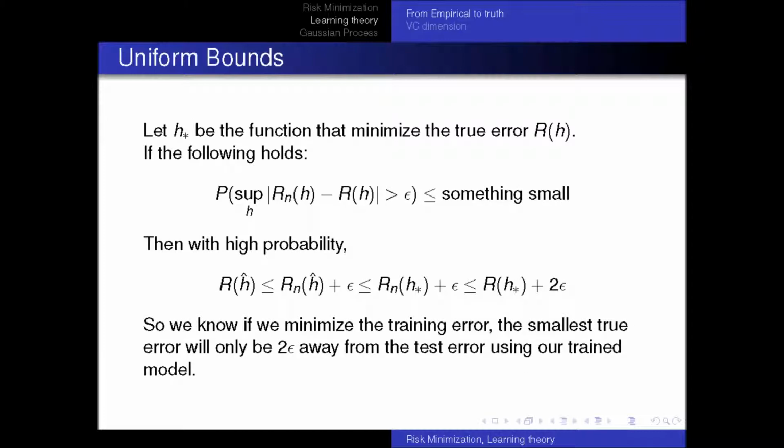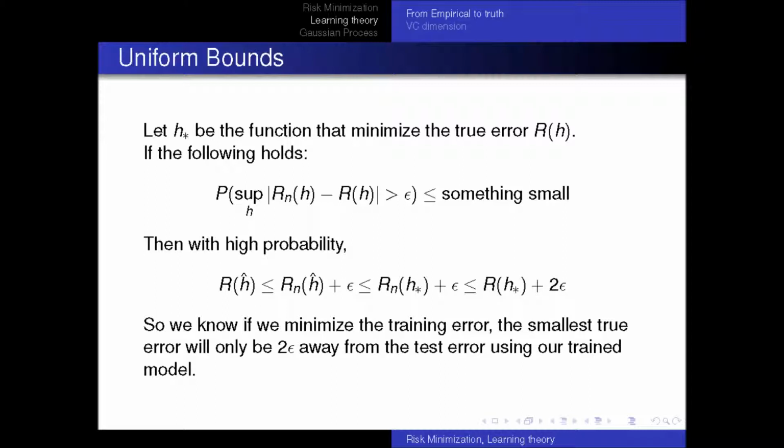Rn is denoted as empirical error. And this R(h hat) means if we use this estimator h hat, how well it's going to do on the test data. So it's the test error using this estimator. It's going to be smaller than something, because the above inequality holds. That inequality computes the difference between the true error and the empirical error.